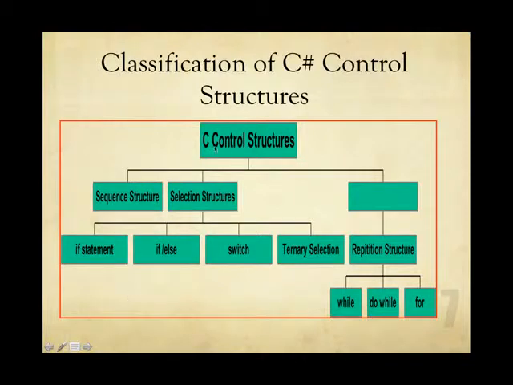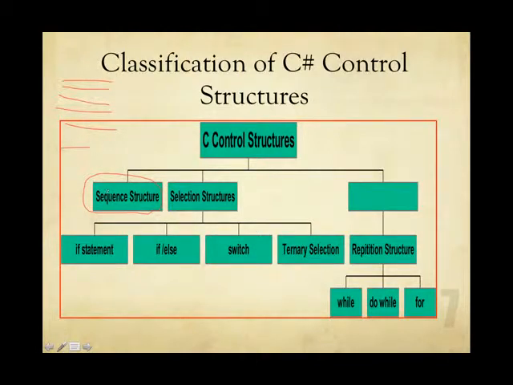In C#, read that as C sharp, not C. These are the control structures. Sequential structures, where the program is executed in sequence: first line, second line, third line, fourth line, fifth line. There is no jumping from previous to later lines, or from this line to that line.